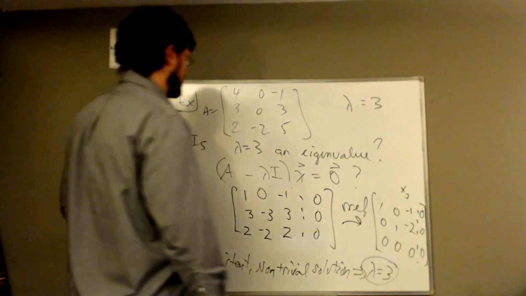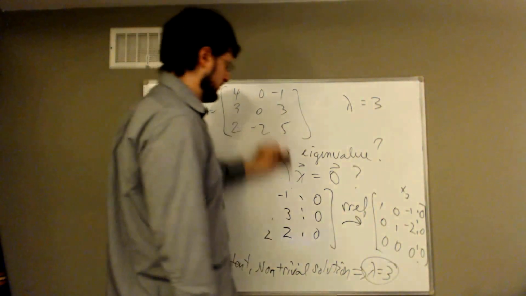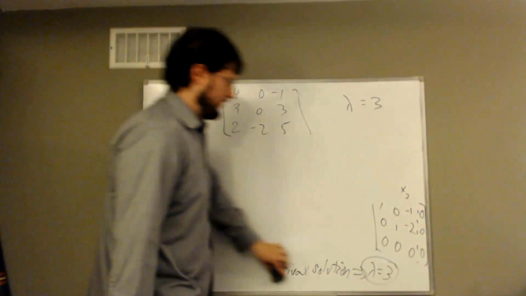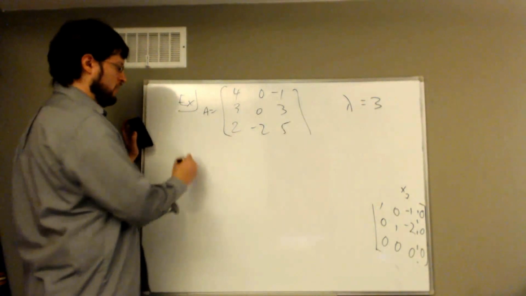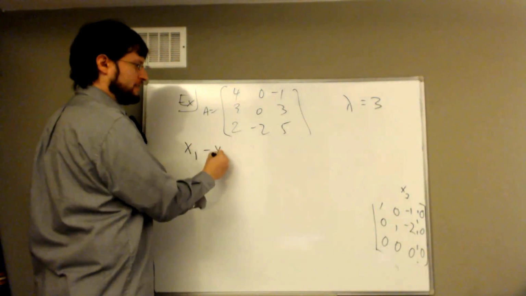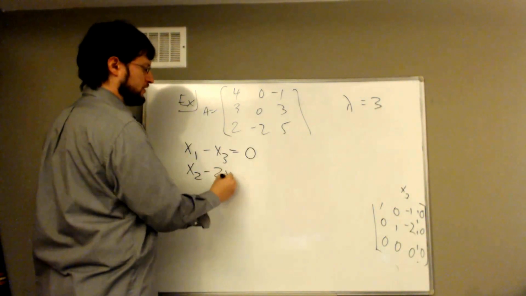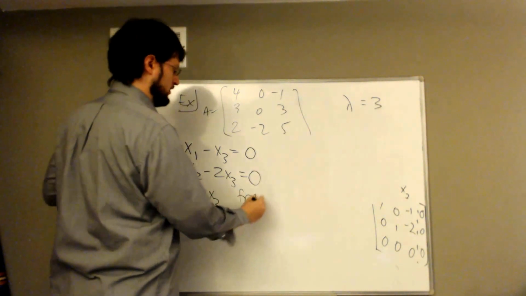All right, so what is the corresponding eigenvector? The corresponding eigenvector I get by writing the solution to that system in parametric form, which becomes x1 minus x3 is 0, x2 minus 2x3 is 0, and x3 is free.